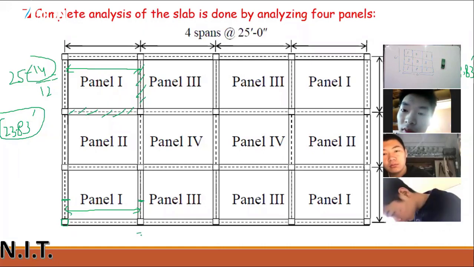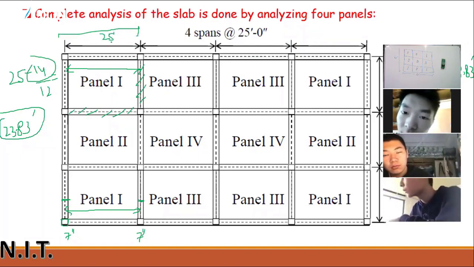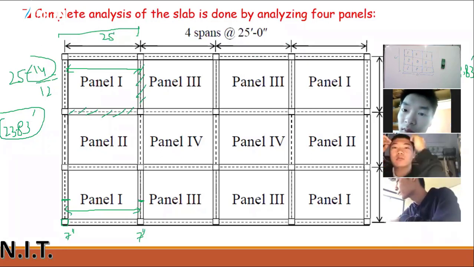Means 7 inch on this side, 7 inch on this side will be subtracted from this 25 feet dimension. 25 feet is exactly from this side to the center. So from 25 feet I have to subtract 7 inch from this side and 7 inch from this side. That's why 25 minus 14.